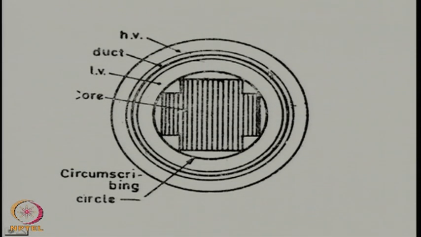The transformers while in operation carry current, and hence there will be I square R loss in both the windings. That heat needs to be taken out of the transformer, so that the temperature rise of the transformer can be maintained. Therefore, paths must be provided for the cooling medium, usually oil, to flow through the core and the windings. This is the purpose of the duct in between.